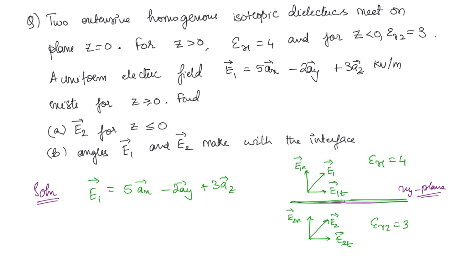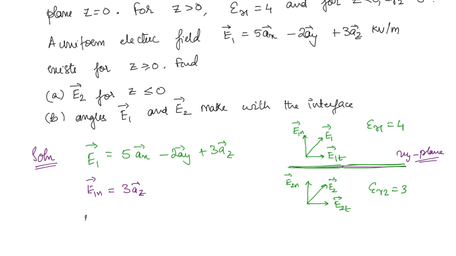So this is the E1 bar and E2 bar. Now here we need to find the normal and the tangential components. The normal component is nothing but perpendicular to the xy plane, that is the z component. So 3az bar is the normal. So we can write E1n bar is equal to 3az bar, and the remaining part is going to be the tangential part. So E1t bar is equal to 5ax bar minus 2ay bar.